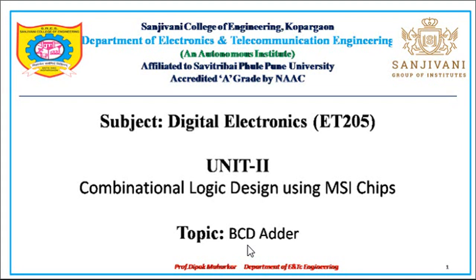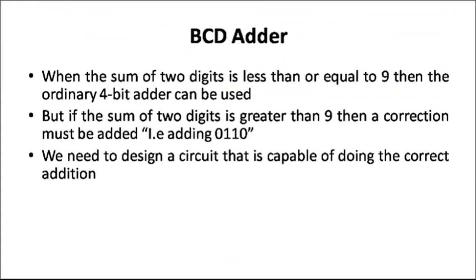In a BCD adder, when the sum of two digits is less than or equal to 9, then the ordinary 4-bit adder can be used.